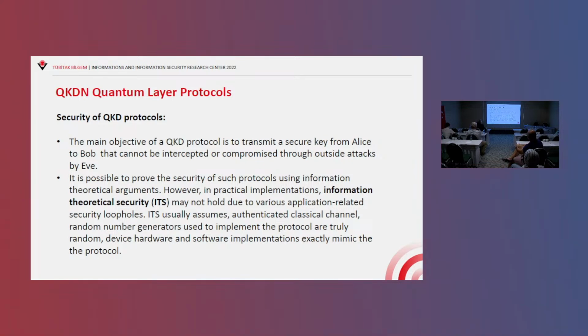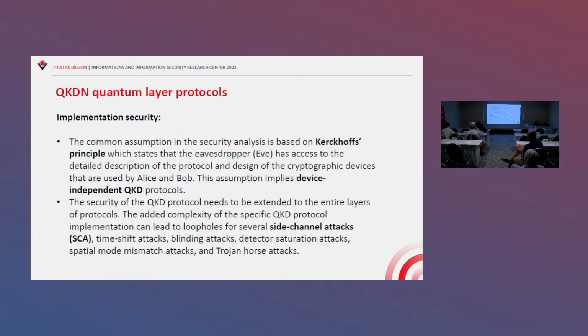That's because there could be certain loopholes, as we are going to see, in the hardware, in the device, in the software implementation. The implementation is usually never as exact as defined in the actual protocol. And this is called implementation security.